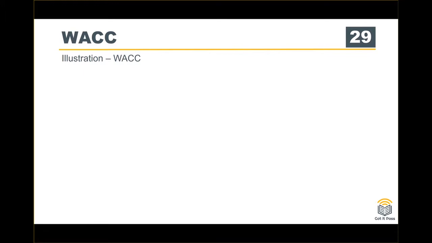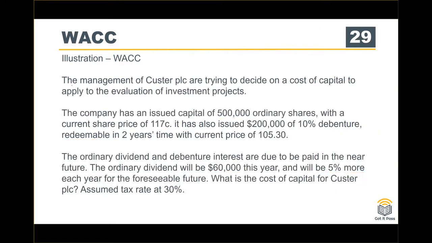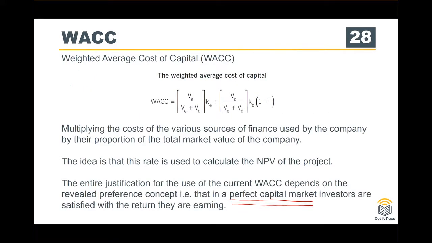Remember, WACC is based on various sources of finance with their proportion of market value. So first of all, we need to find the market value of the different parts, the market value of debt and equity.